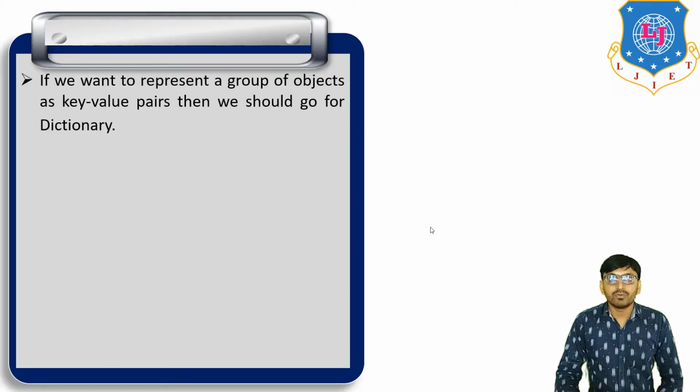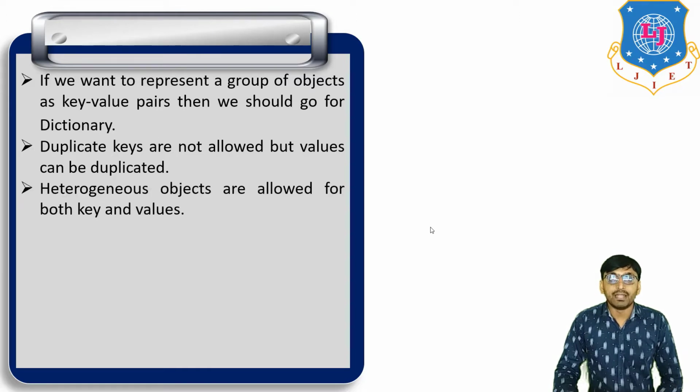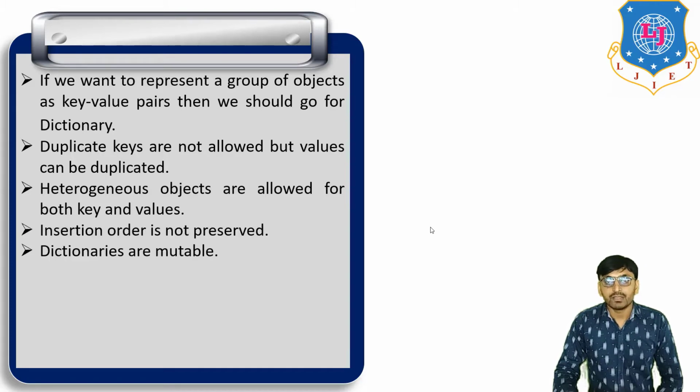If we want to represent a group of objects as key value pairs, then we should go for a dictionary. Duplicate keys are not allowed, but values can be duplicate. Heterogeneous objects are allowed for both keys and values.